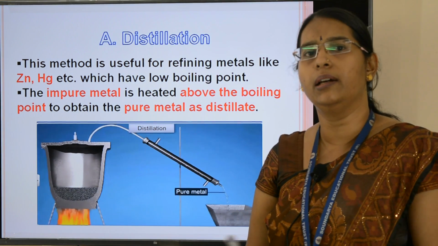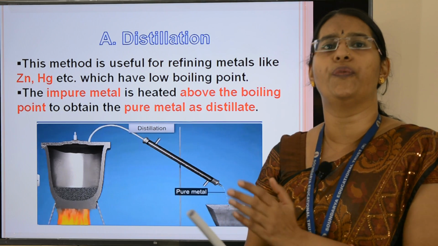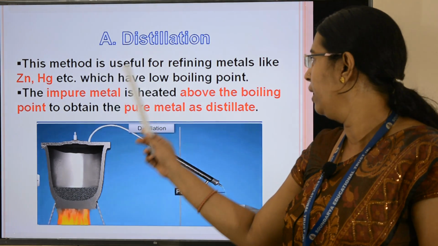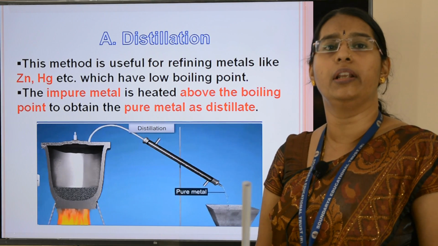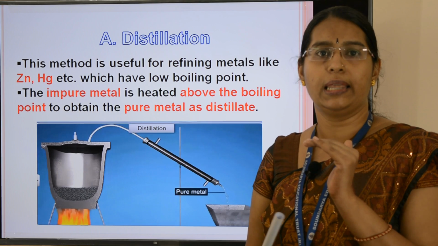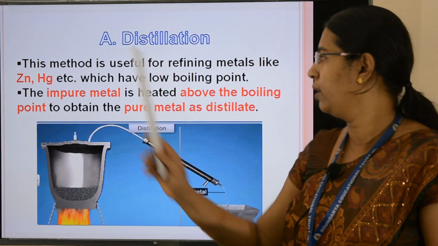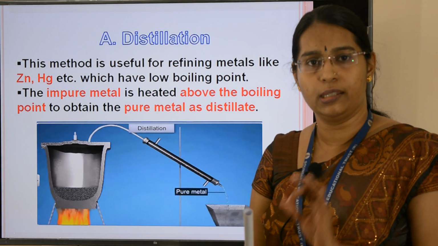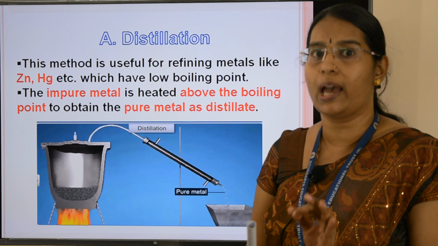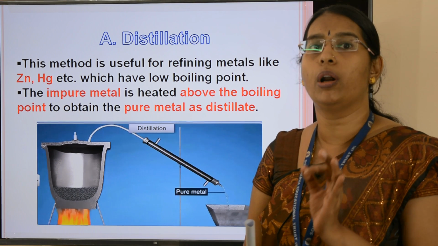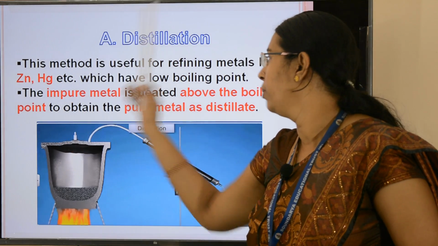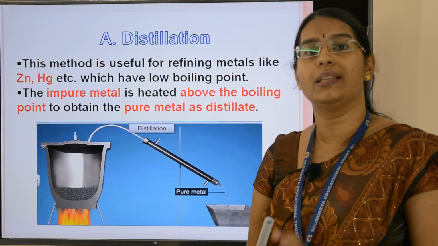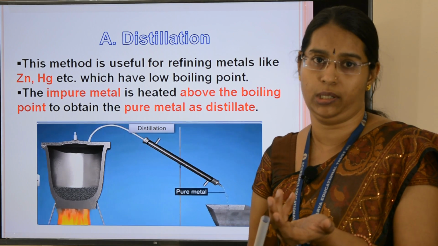Okay. But here we are generally using this for metals like zinc or mercury, which generally have lower boiling points than their impurities. So I will repeat, this distillation technique can be used as a purification technique for lower boiling metals like zinc or mercury. Their boiling point is less than their impurities.